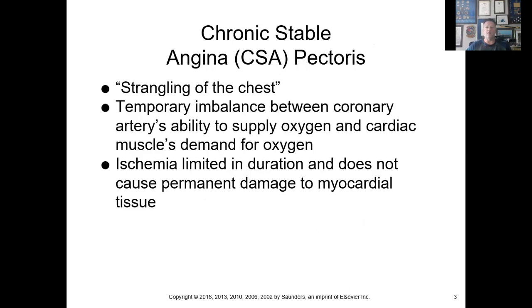Now, let's talk about chronic stable angina. There are people who complain, I have chest pain all the time. Well, they may have heart disease to a point that can't be treated through cardiac catheterization.